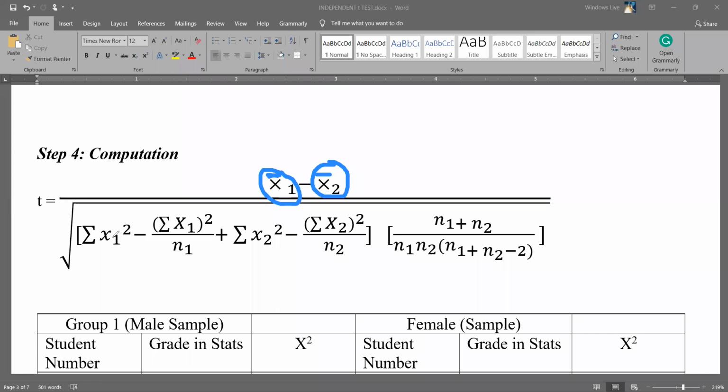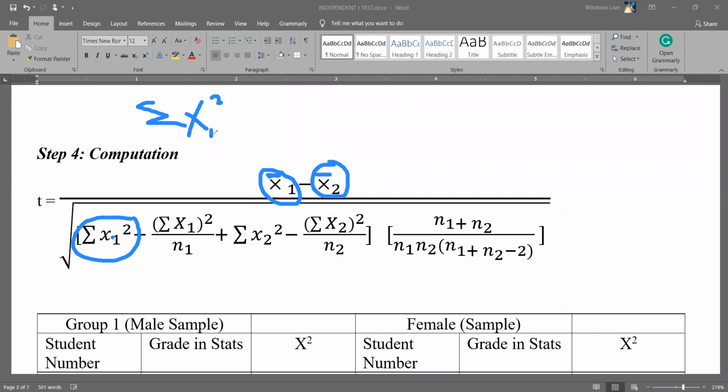The 1 and the 2 that you see beneath, don't pay attention to them. It is just telling you that this thing you see here is the same as sigma x squared.